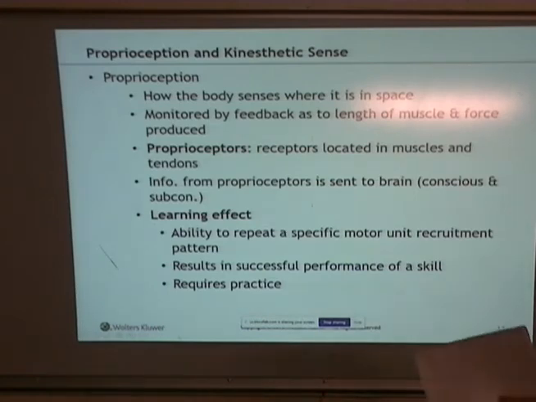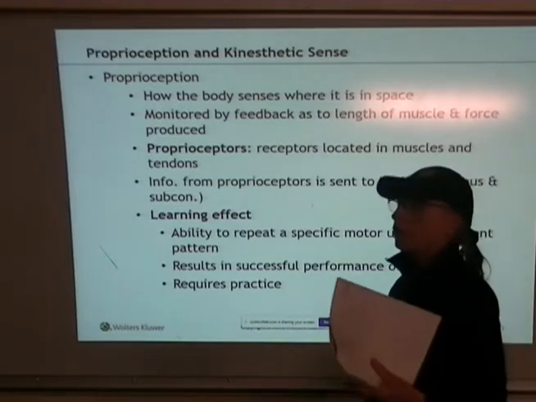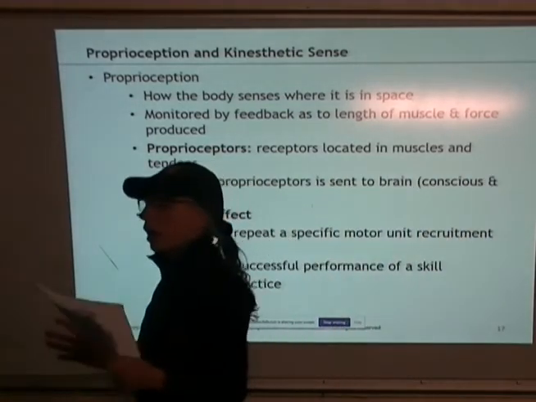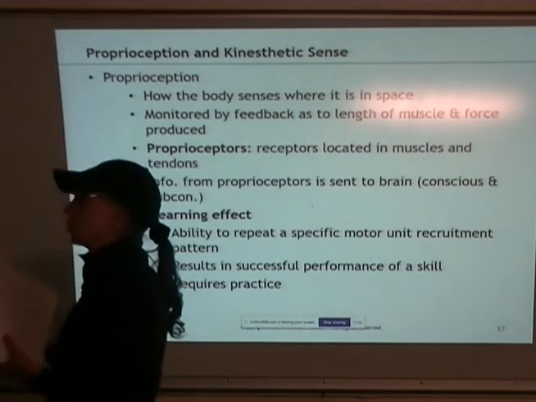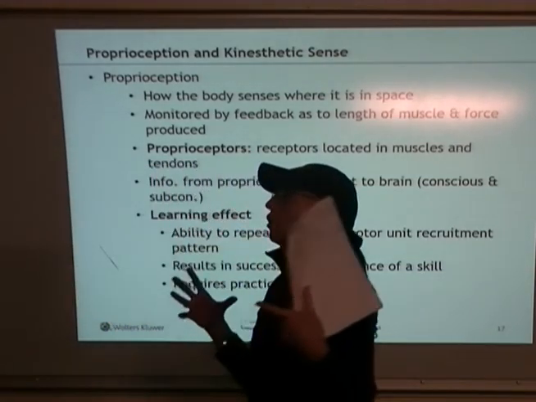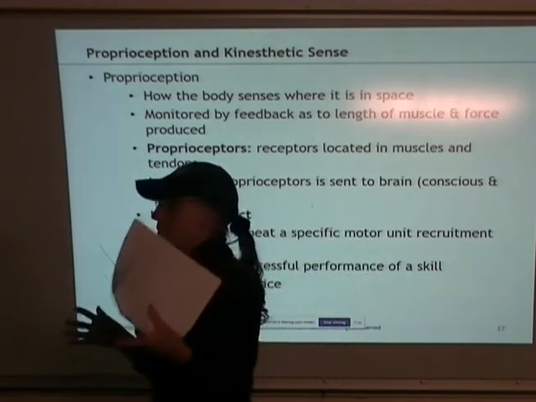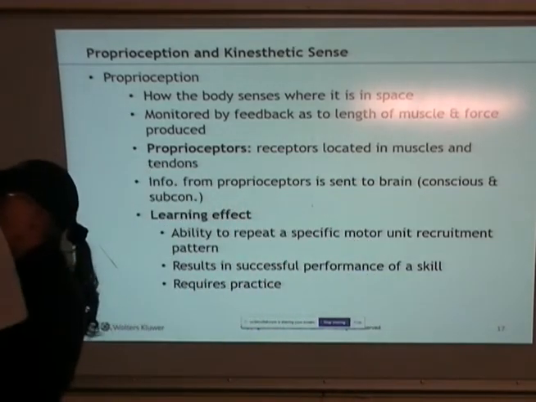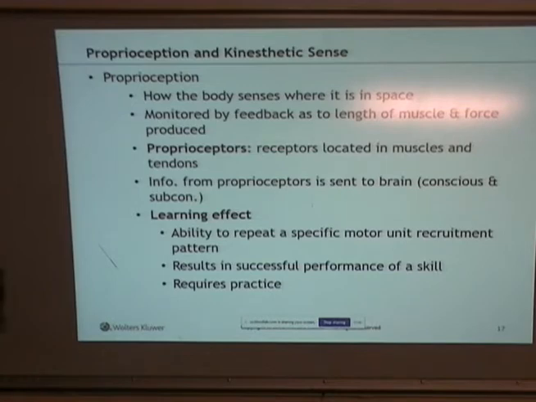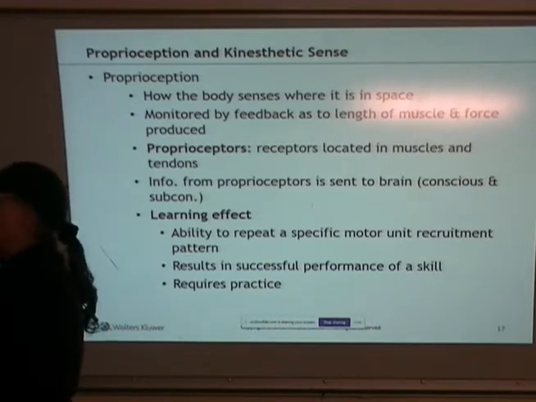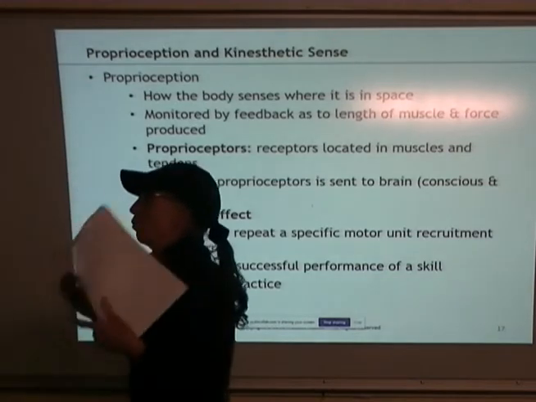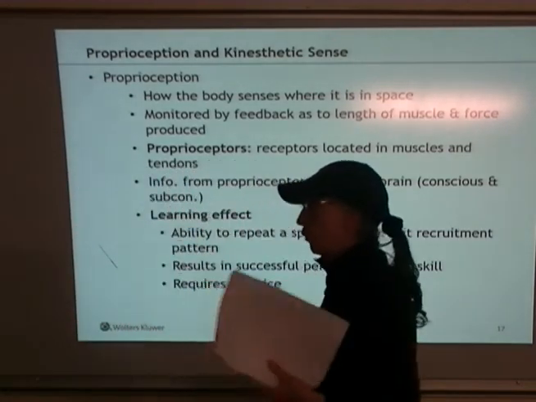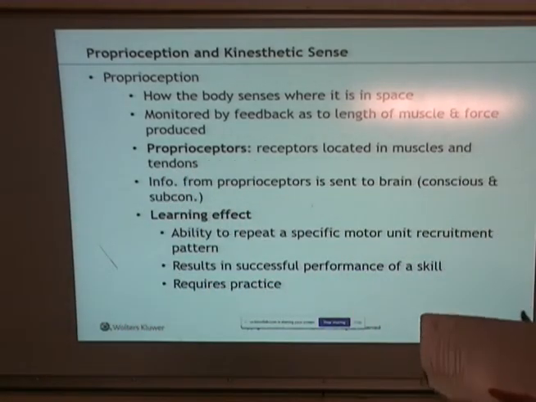So I want to talk a little bit about how the central nervous system understands the force production and the length of the muscle at any time, so that it can tweak motor patterns and coordinate motor patterns so that they're precise and we can repeat skills over and over in the same way, right?